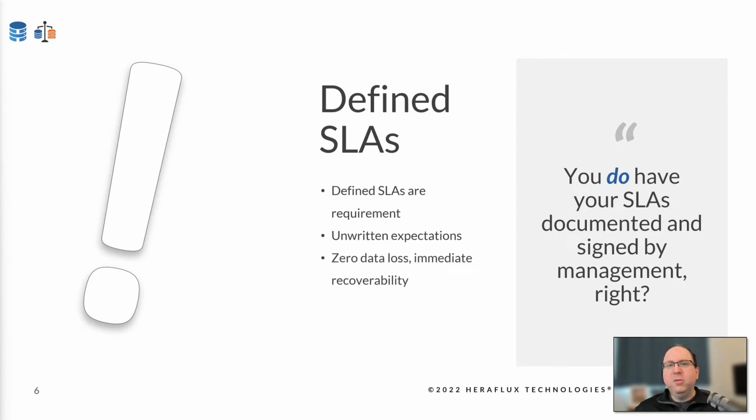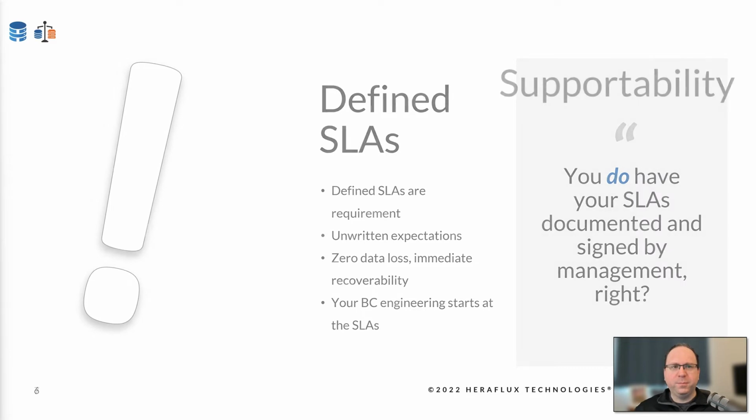If you don't have these defined and quite literally printed and signed by upper management, their unwritten expectations are that you will have zero data loss and immediate recoverability no matter the scenario. And that's really tough because that starts to tack on zeros to our solution, and most of the time, they're not going to fund that. You have to start with these SLAs, or else I promise you, you will be in a world of hurt.